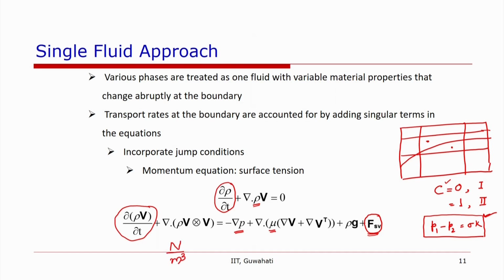The easiest to look at is rho g. Or, for example, pressure is force per meter square and its del is per meter. So, Newton per meter cube, or force per unit volume.